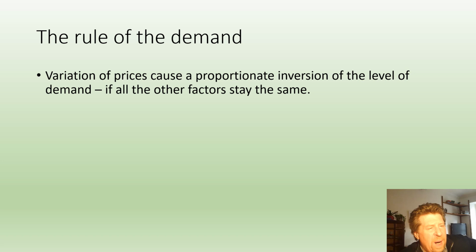The rule of demand. Okay, so the variation of prices causes a proportionate inversion of the level of demand. So when we have a price, if it's high, if I say, for example, this pen is €1, there'll be a certain demand for that. Maybe, I don't know, 1 million people. If I say instead this pen is very expensive, the price is really high, then obviously not many people will want it.